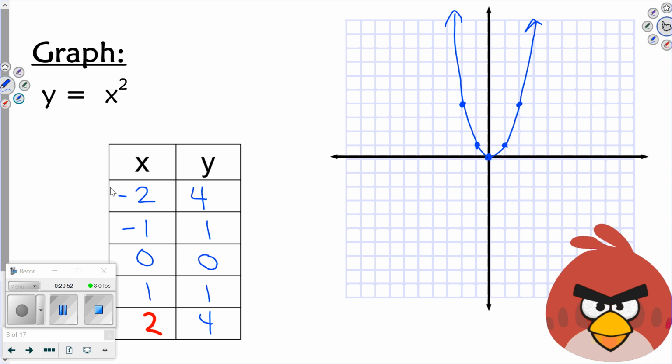Can you tell me what the vertex of that graph is? 0, 0. Could I have found that by using negative b over 2a? I could have, but I can see it's 0, 0. It's the lowest point on the graph. What do we know about the right side of the graph versus the left side? They're symmetrical.